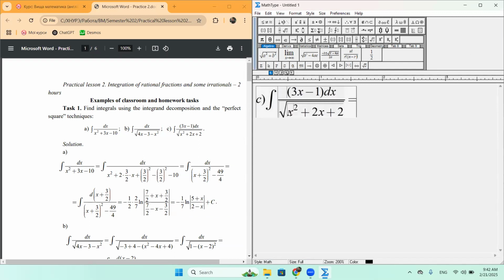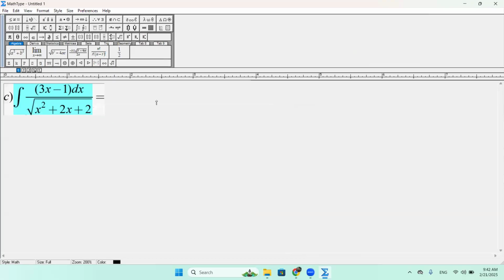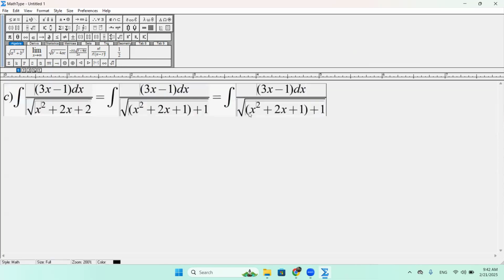So first of all, let's extract the perfect square. It's quite easy here. So plus 1. And it will be the following: x plus 1 in power of 2 plus 1. So done.